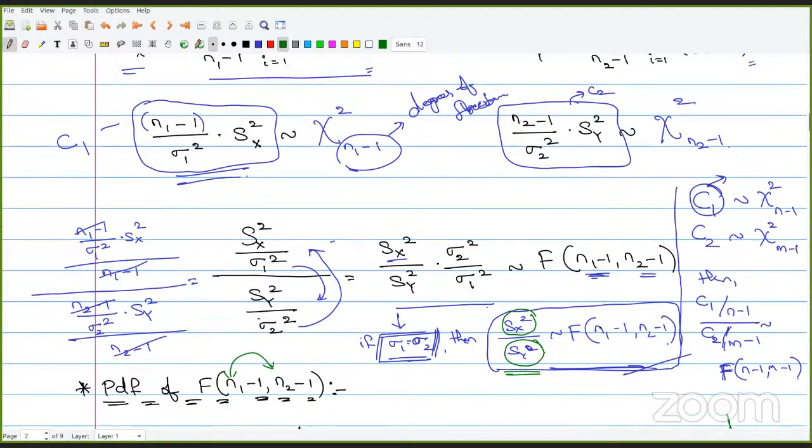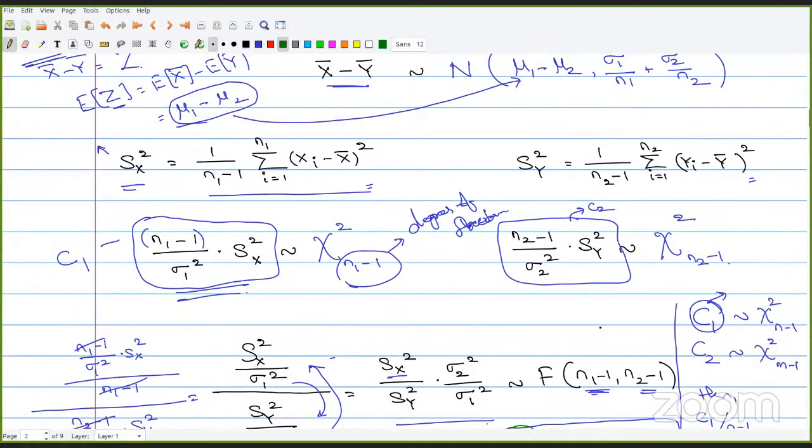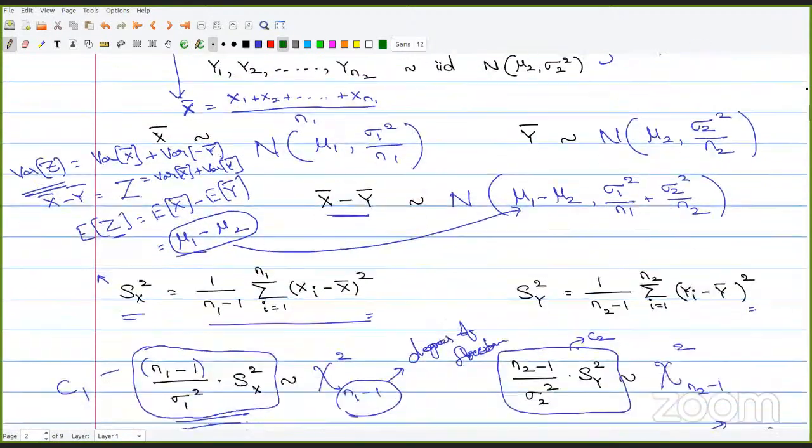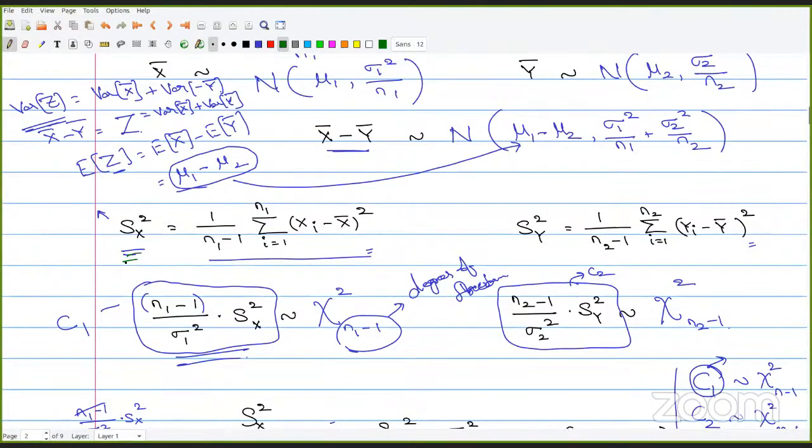What we require is, if I have two distributions, and from one distribution I am taking N1 samples and from another N2 samples, and I don't know the variances of the distributions, then I will compute the sample variances of each of the samples.